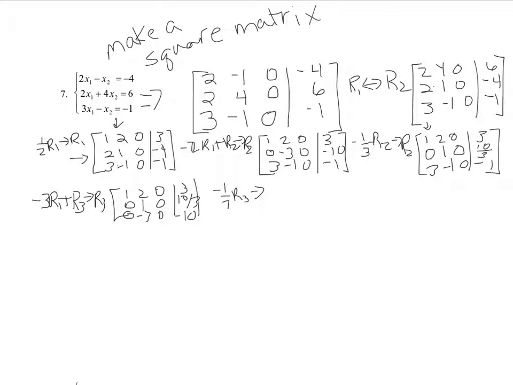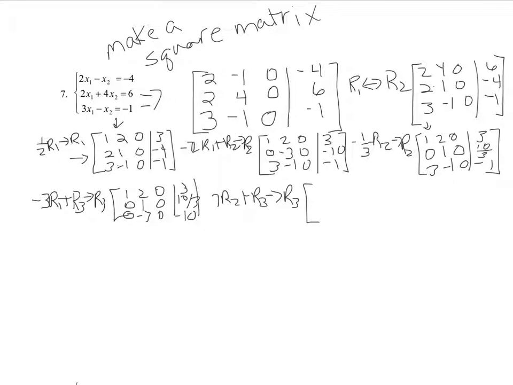I don't want to make it a 1. I want to make it a 0. So I need to multiply. Let me erase that. I apologize. You have to stop and think sometimes about what you're doing here. So because I want to make it a 0, I'll multiply row 2 times 7 and add that to row 3. And that will become my new row 3.